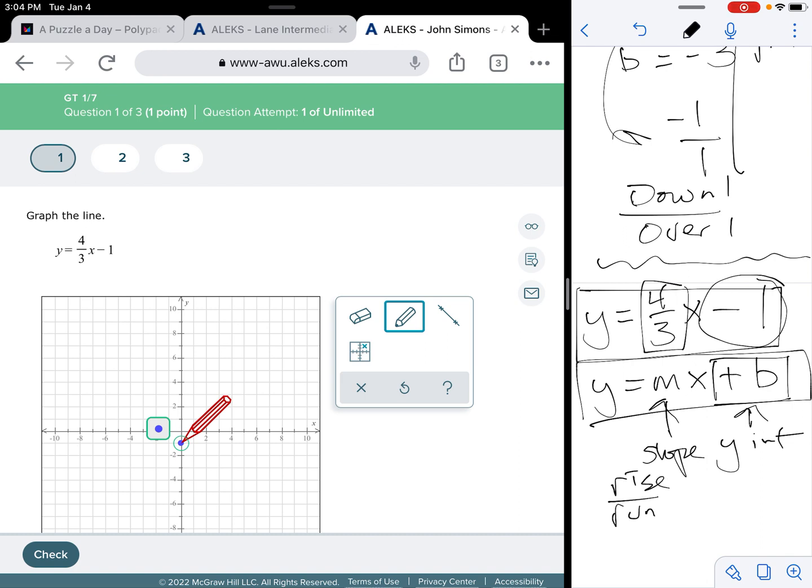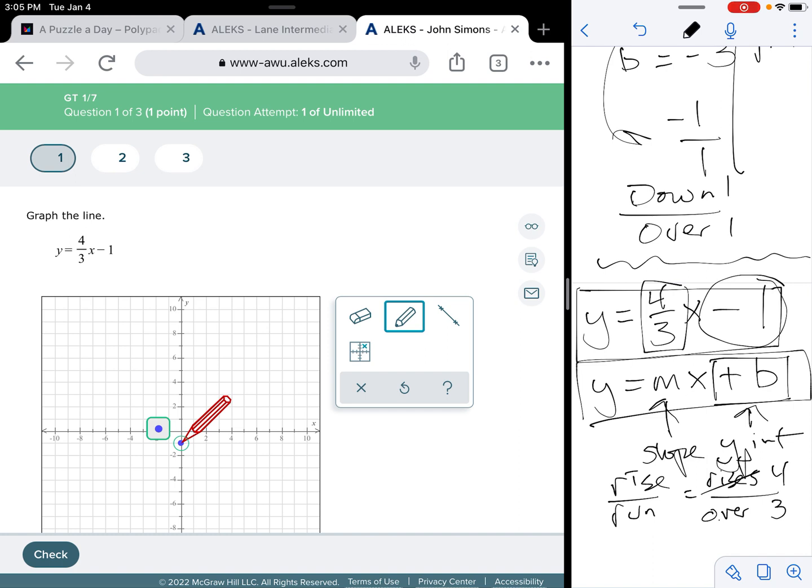So this line rises 4 and goes over 3. Make sure you start from that y-intercept and not from the origin. That's a common mistake a lot of people make, thinking you always start at the origin. No, not when you do this.